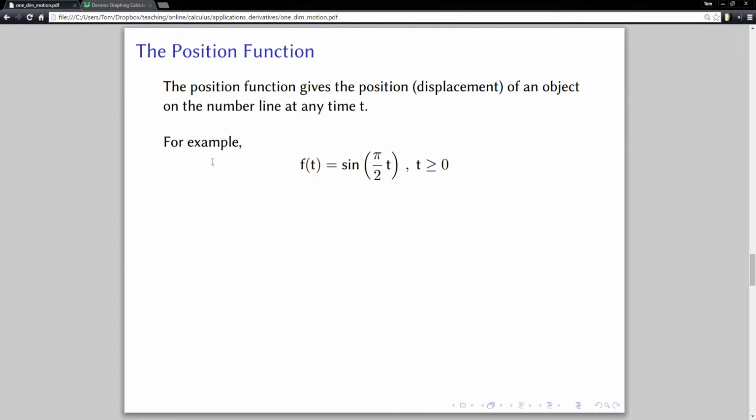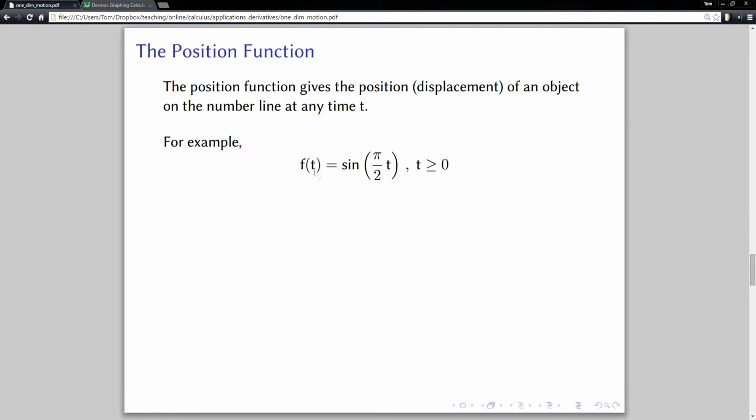For example, we might have a position function that looks like this: f of t equals the sine of pi over 2 t. We usually take this variable, instead of being x, to be t, because t represents the variable time, and that's what we're looking at here, instead of the x coordinate.